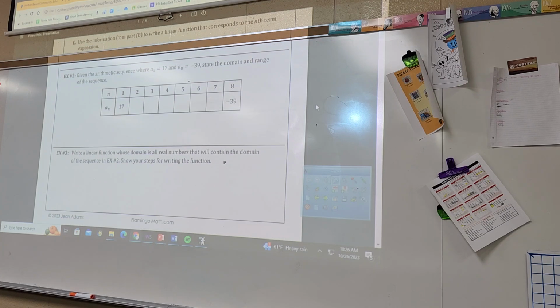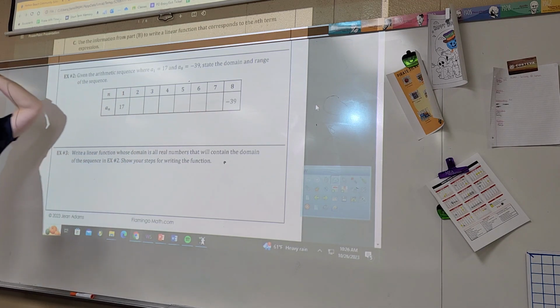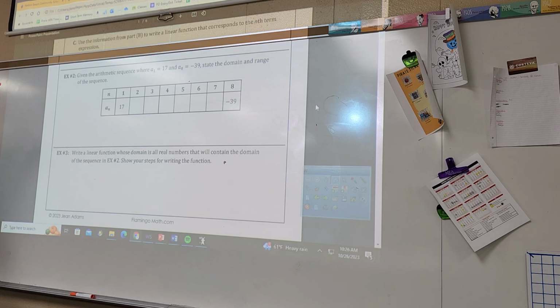All right, let's do this sequence. We know a sub 1 and a sub 8. Oh no, y'all, we're missing the other terms. How can I find my common difference? That's for geometric. Do you guys want to do it the formula way?